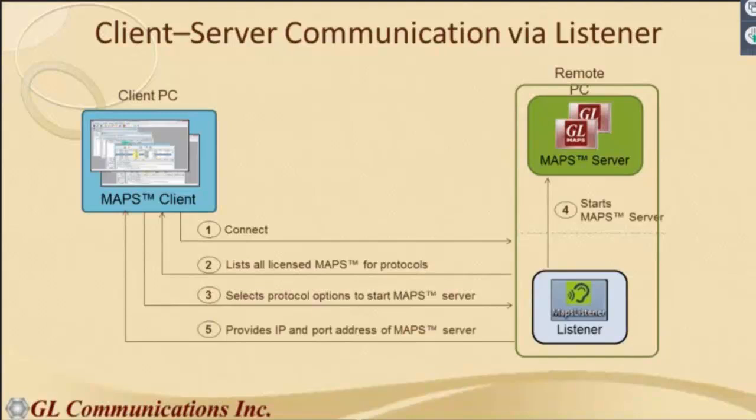Then the listener provides back the respective information about the core application, which can be the IP and the port number of the MAPS server. Once this handshaking is done, the communication is established directly between the client system and the server system, and the user will be able to do all his protocol simulation activities.